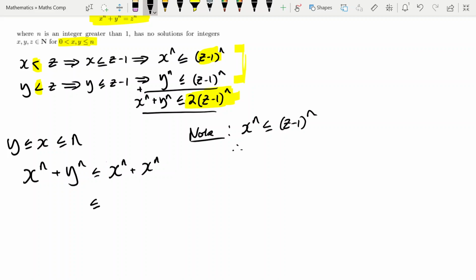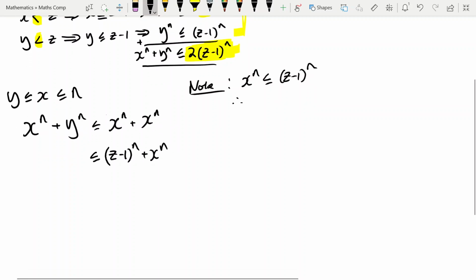Therefore, you can replace x to the n with z minus 1 to the n in this inequality, because z minus 1 to the n is greater than or equal to x to the n, it's not going to change it. So we can say the following thing: z minus 1 to the n plus x to the n. And this inequality stays true.